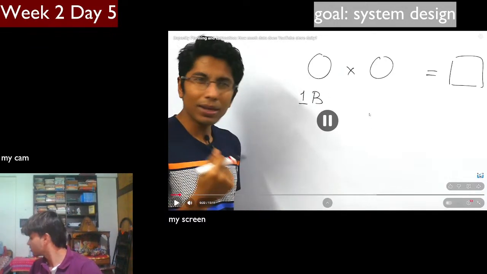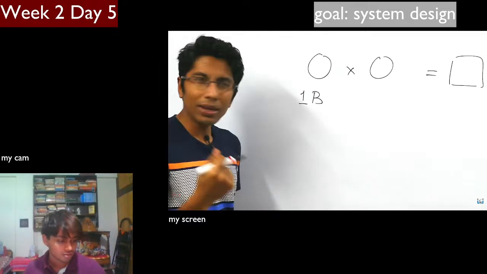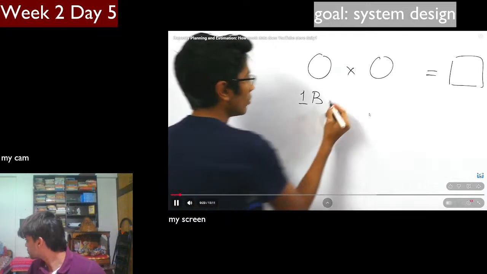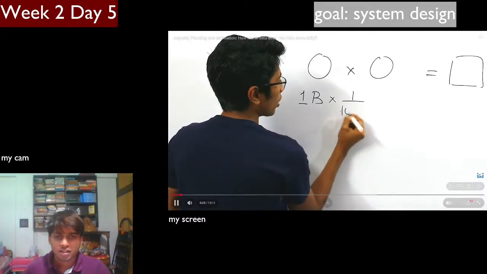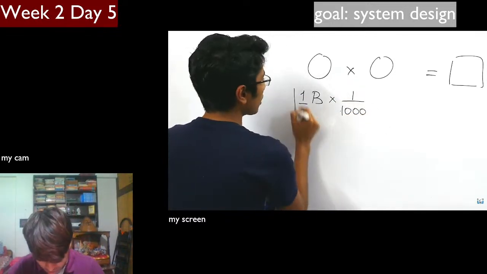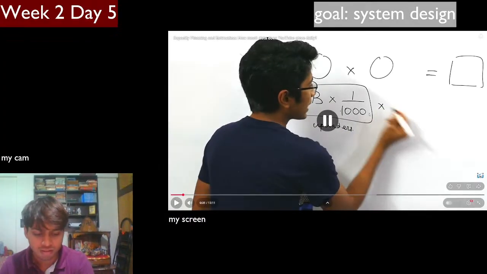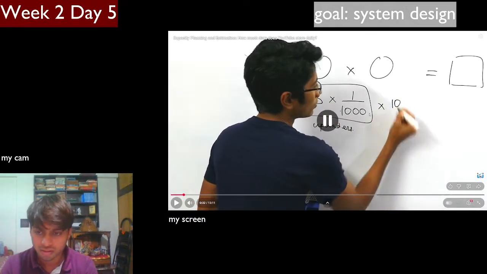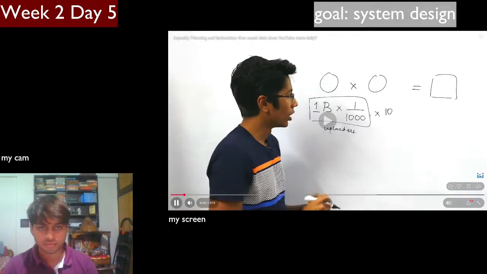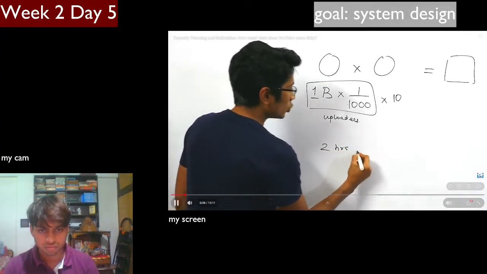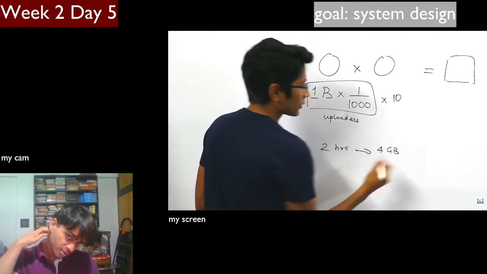Well, maybe one in 1,000 users. Okay, so these are the number of users who are uploading videos. Each video, let us say, is around 10 minutes long. What's the size of the 10-minute video? 2-hour movie is usually 4 GB in size.